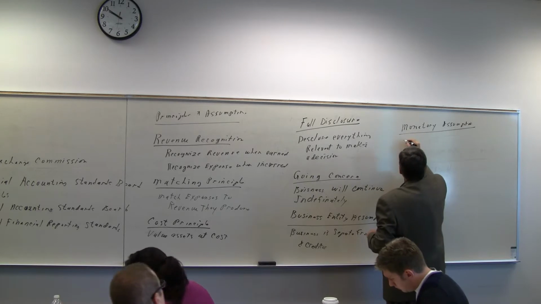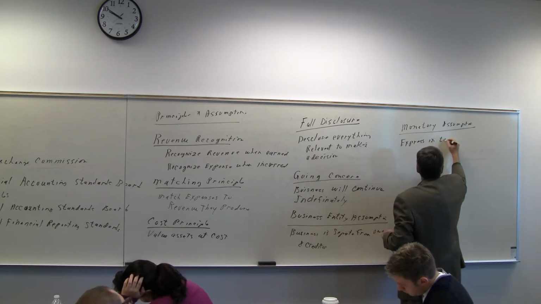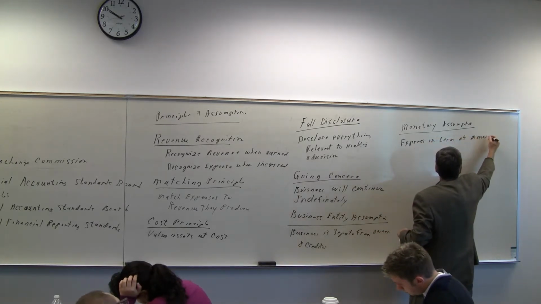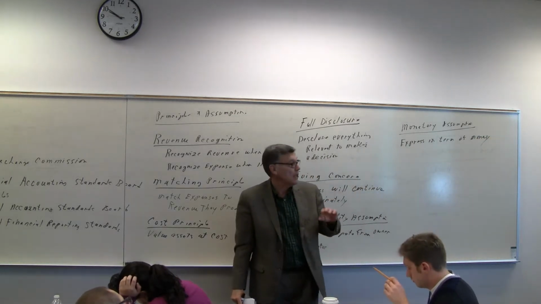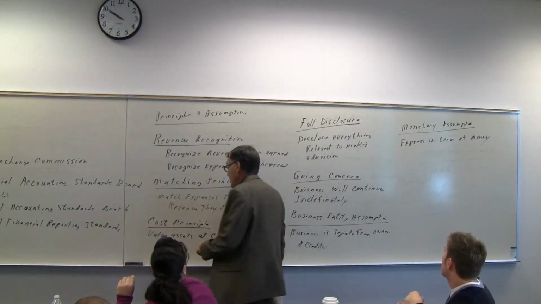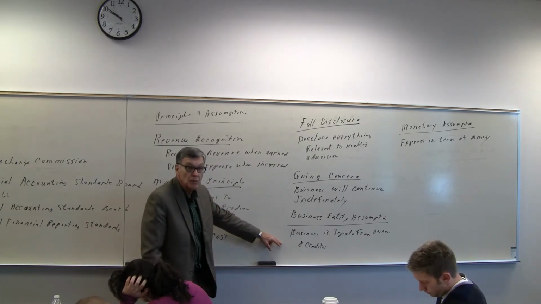What it means is it has to be expressed in terms of money. If you go to an income statement, it will have money. Now, there can be things that need to be disclosed, but if they can't be expressed in terms of dollars, they're expressed in terms of a note.